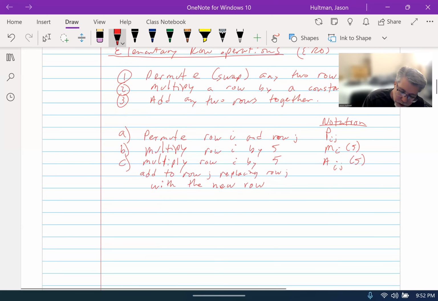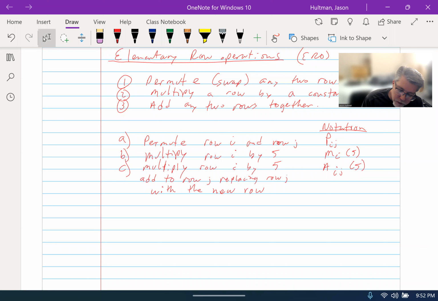Okay, and with these three row operations, we can basically do anything that we want inside a matrix. Okay, maybe some of you are saying, well, how do you subtract two rows, right? Well, that would just be multiplying row I by a negative value or a -1, and then adding that to row J, and that would be row J minus row I. Okay, or you do vice versa.